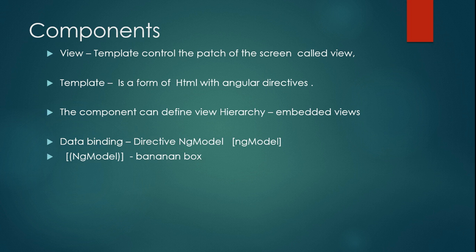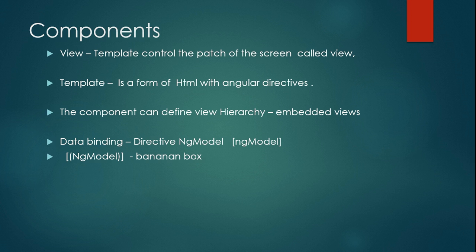So when any element has the directive with the banana box of ngModel, it's a two-way binding. When the component applies the application logic and modifies the data, that modified data will be set on the view. And when the user enters data on the view, that data is set on the properties of the component.